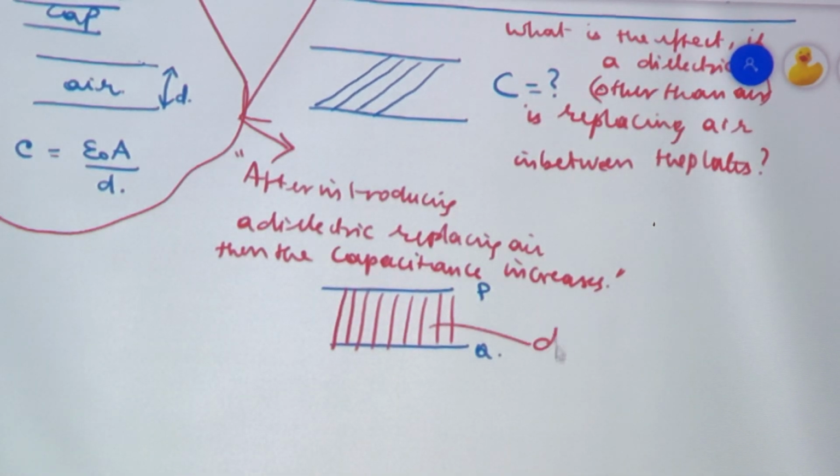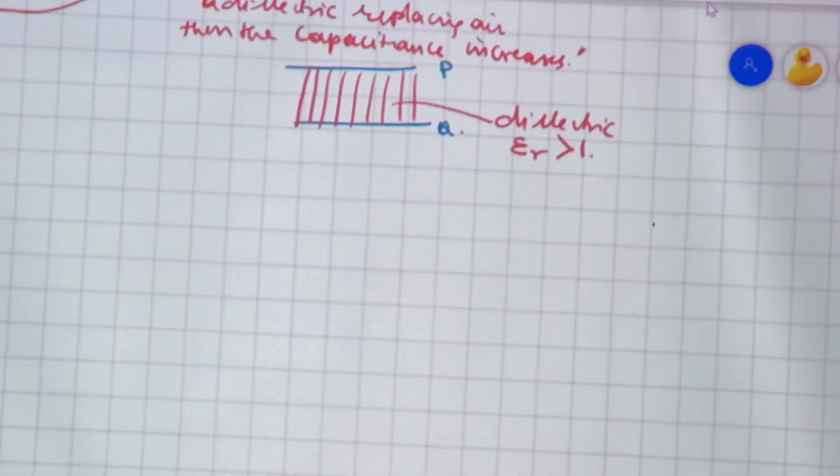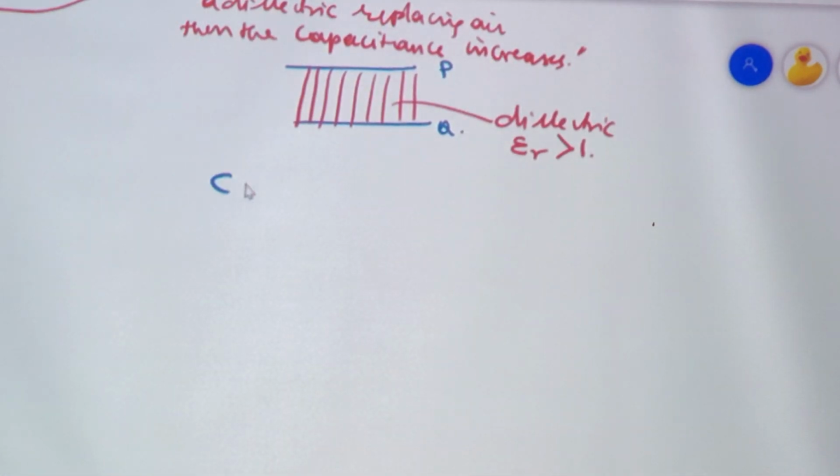If a dielectric is introduced other than air, then the permittivity, or dielectric constant epsilon r, is always greater than 1. So if a dielectric is introduced, then the capacitance can be written as epsilon into A divided by D, whereas for air it is epsilon 0.